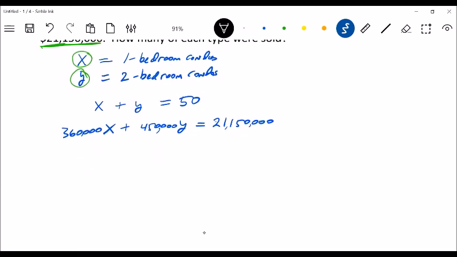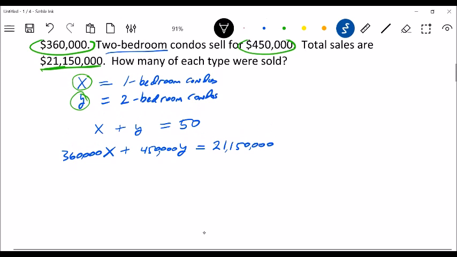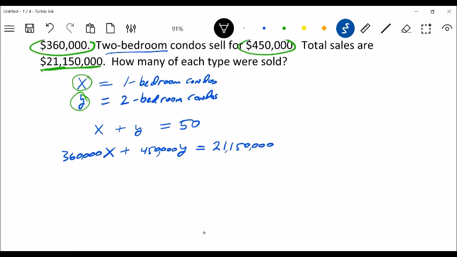We have two ways to do this. We could solve this one for Y or X and then plug that into the other one, which would be the substitution method. Or we would do the elimination method. I'm going to take this first one and multiply by 360,000 for each.